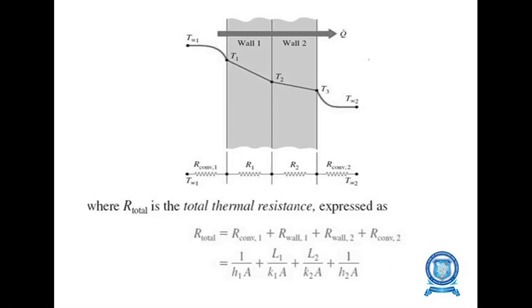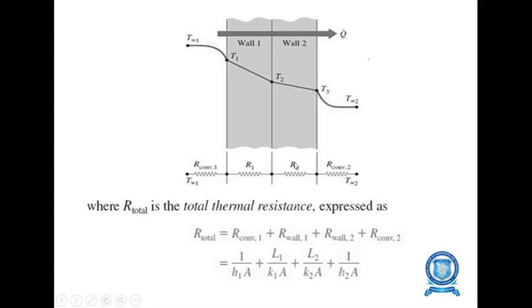Here this is a convection heat transfer, since we have used the R convection value. In this region at wall 1, conduction takes place, therefore R wall 1, that is conduction 1, because it is in wall 1. Next, at wall 2, there is a pure conduction from T2 to T3.